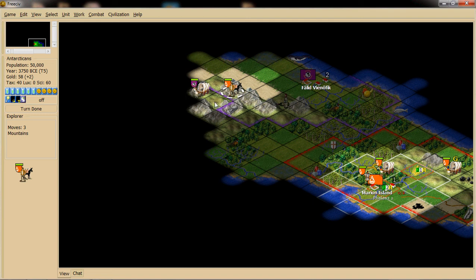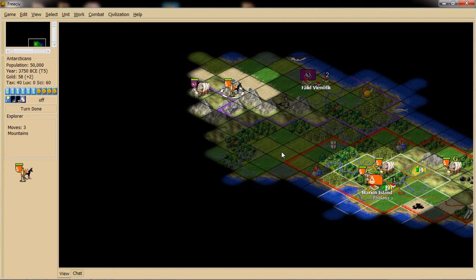So we've been looking at this really fruitful area down here where the mouse is. And obviously the enemy wants to capitalize on that, to get down there and make that part of his land. But it's going to take us another two turns to build a city down there where we want to.